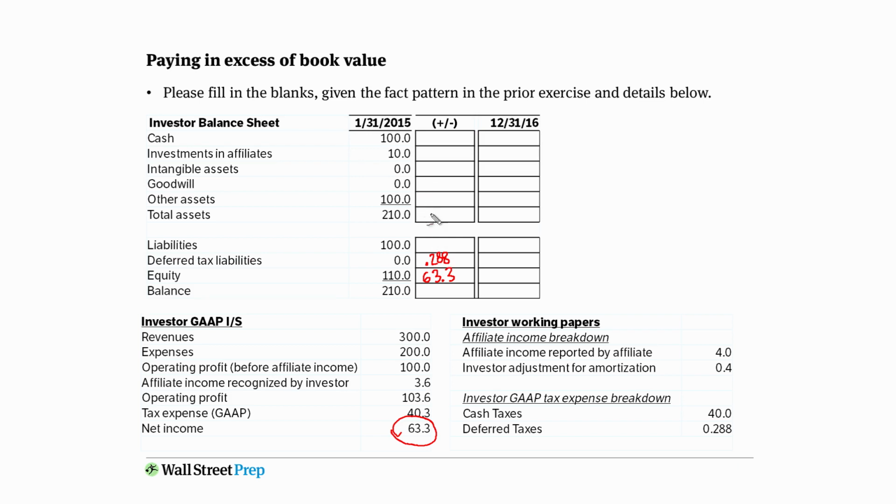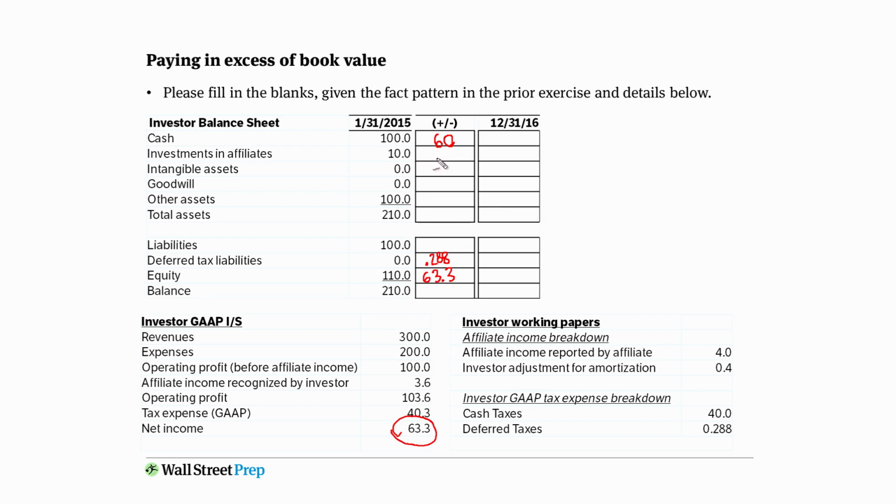Now, in terms of what's happening to cash, we can go through this just logically. We have cash revenues of 300, expenses of 200. That puts 100 in our pockets, but we also owe the government 40. So the only thing that's happening to cash is an increase of $60 million. That's the operating profit net of the cash tax liability.